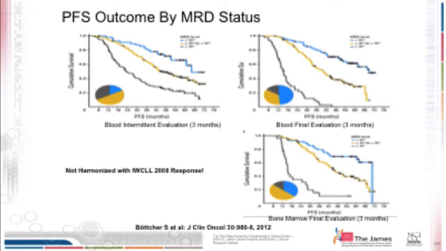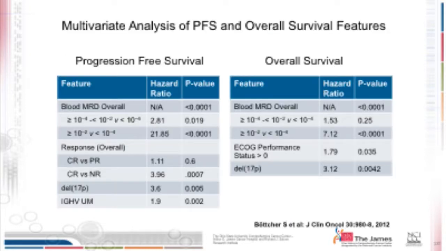In the multivariate analysis that looks at a lot of other things, I'll call attention to progression-free survival. For all MRD is significant at all levels, and it has a hazard ratio that's very significant.